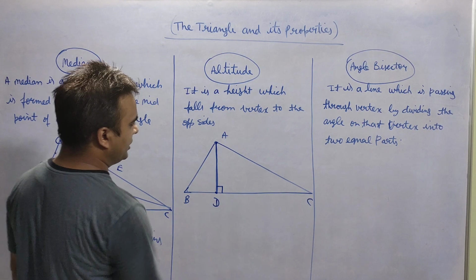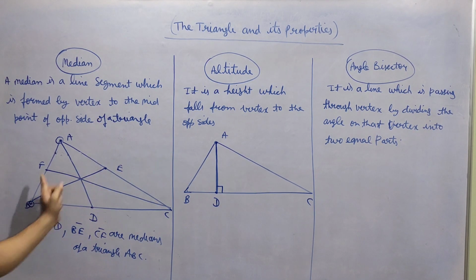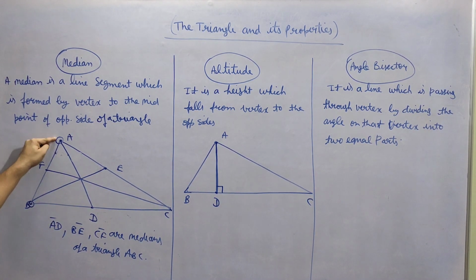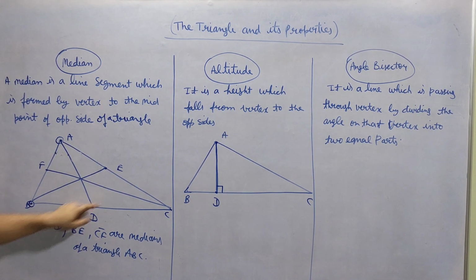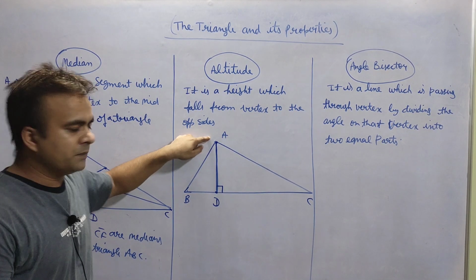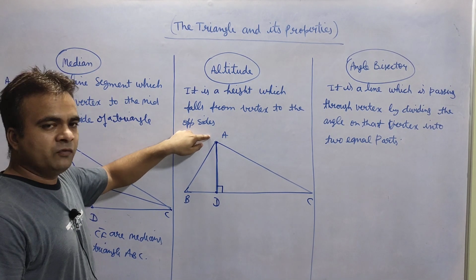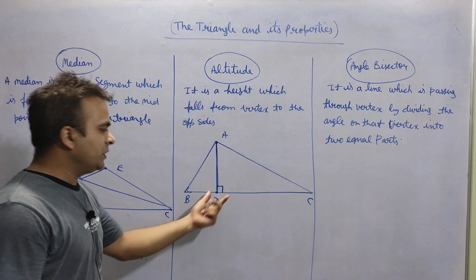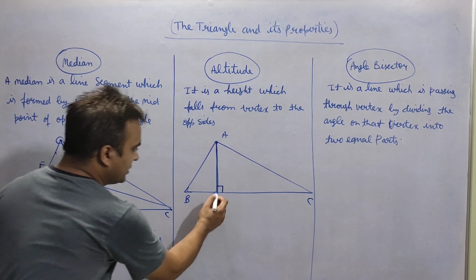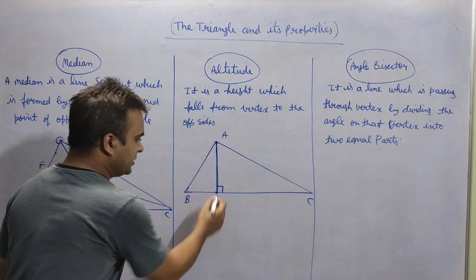So it is very clear here the difference between these two. Here we are joining the line from the vertex to the midpoint. Here the target is different. We are drawing a line which falls on the opposite side at 90 degrees. We are not saying here that it will be a midpoint.